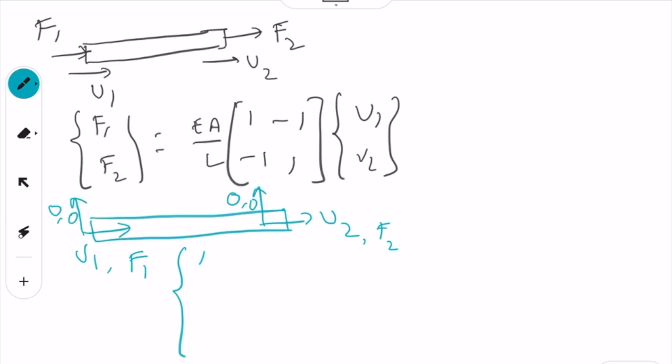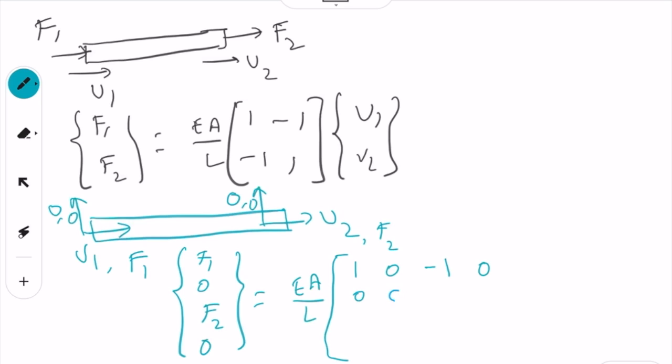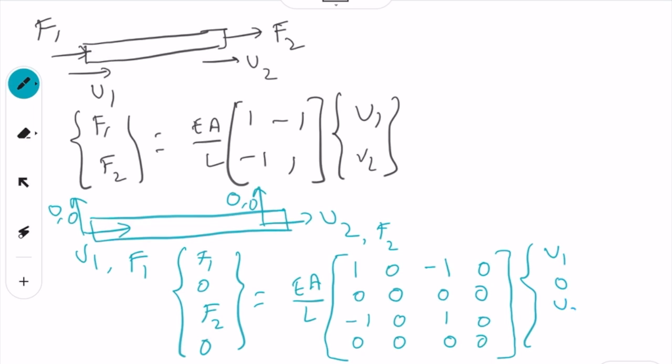We have f1 0, f2 0 is equal to EA over L, and then you have 1 0 minus 1 0, 0 0 0 0, minus 1 0 1 0, 0 0 0 0, and then we have u1 0 u2 0, right.